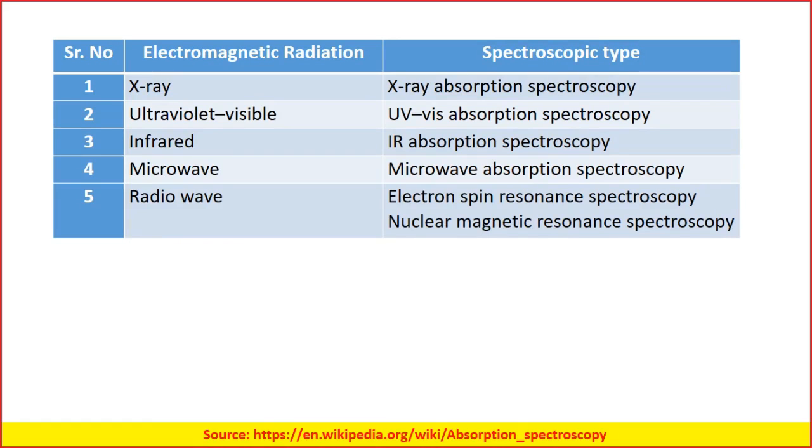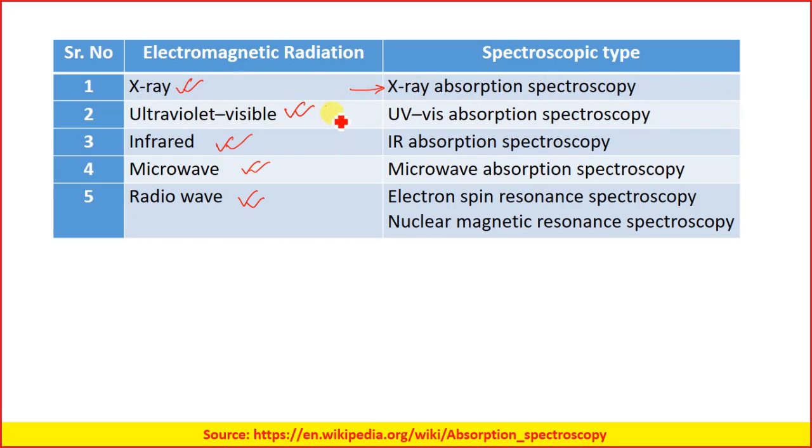When we talk of spectroscopy, electromagnetic radiations play an important role, and some of the common electromagnetic radiations which have been explored in different types of spectroscopic techniques include X-ray, ultraviolet visible, infrared radiations, microwaves, and radio waves. If we use the X-ray source, it is regarded as X-ray absorption spectroscopy.